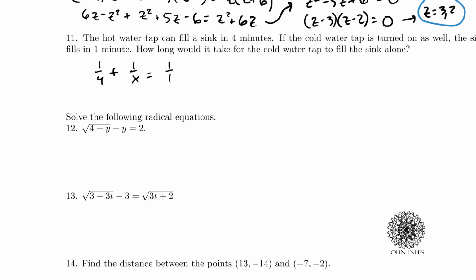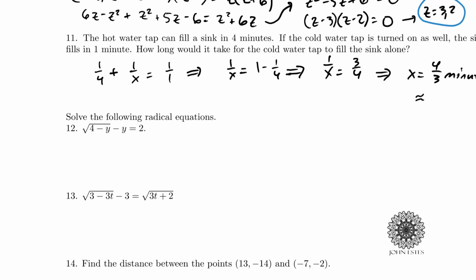Okay, so this is a rational equation, and it's actually not a bad one here, because we can say then that 1 over x equals 1 minus a fourth, which means that 1 over x equals 3/4. So x then is 4/3 minutes. Okay, so in time, that means like 1 1/3 minute, or 1 minute 20 seconds, right? Okay, but we'll accept 4/3 minutes if you want.